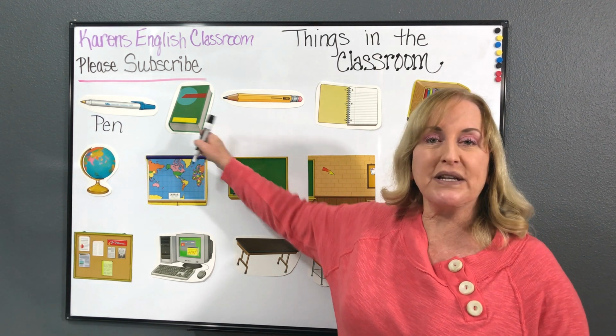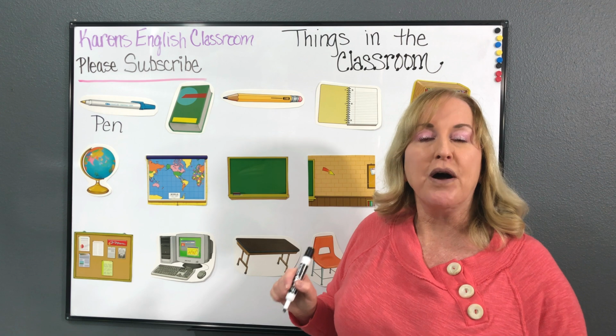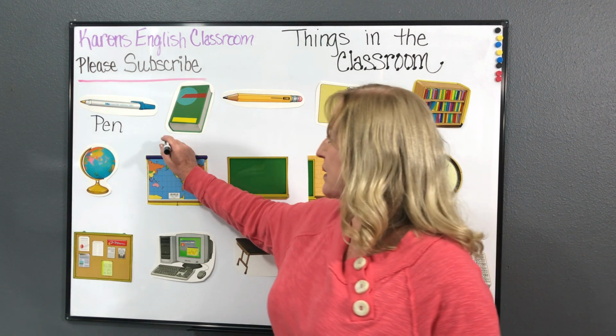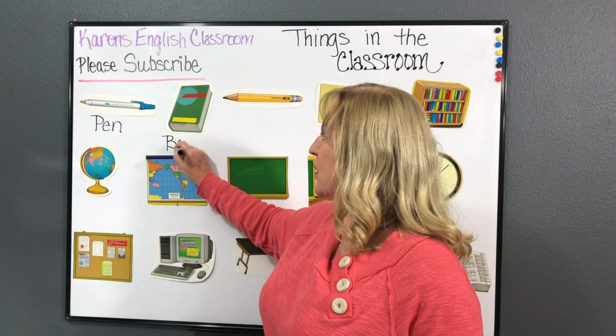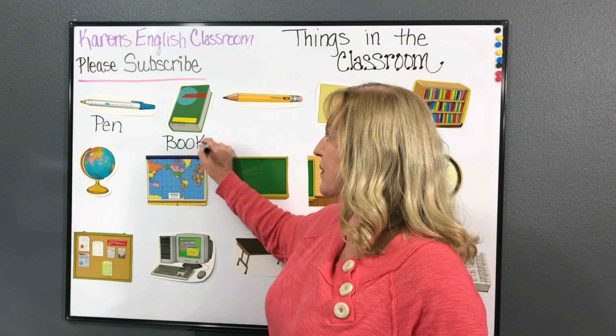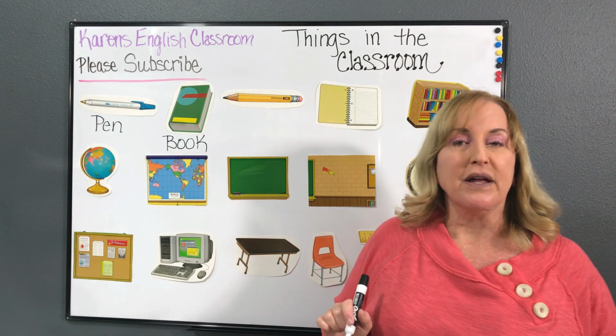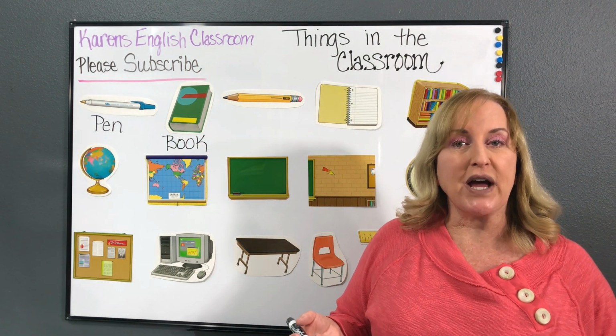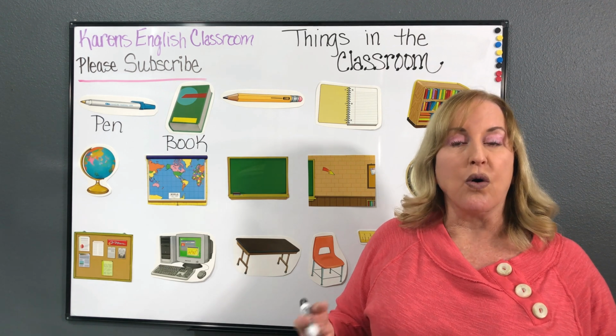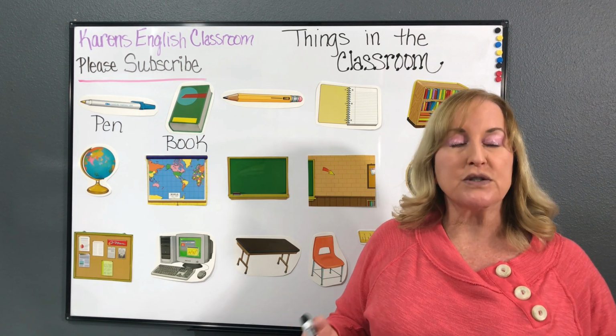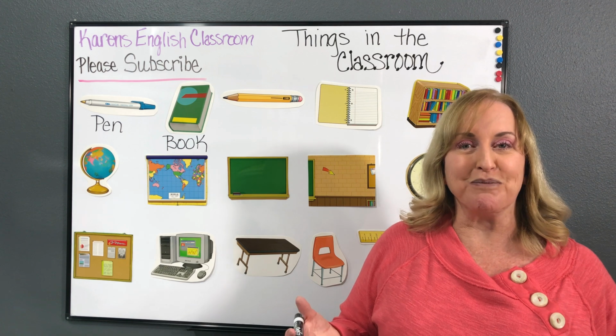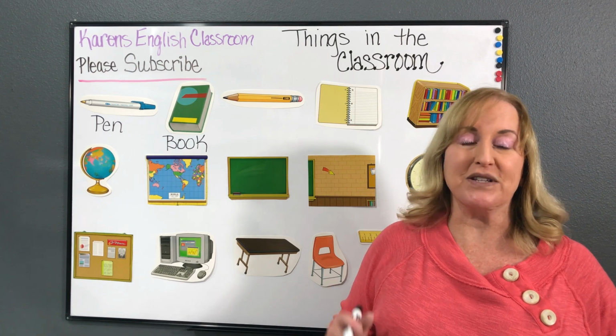Okay, the second one is a book. B-O-O-K. Book. Usually the teacher has you get a book or provides a book for you so you can study in the classroom, and you can study at home.